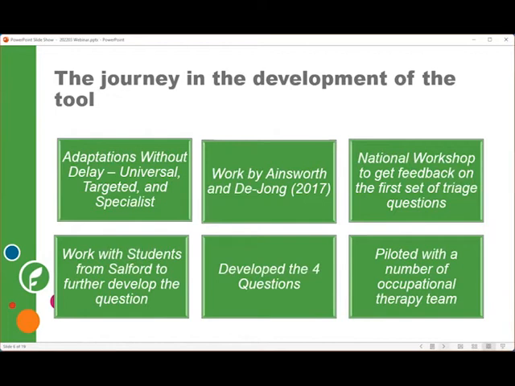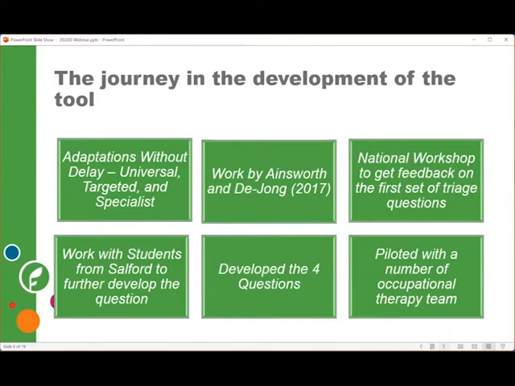From that piece of work, about 18 months ago, we developed an initial triage tool, and Foundations hosted a national workshop to get feedback from the sector on that first set of questions. If you were involved with that workshop, a huge thank you for your feedback.